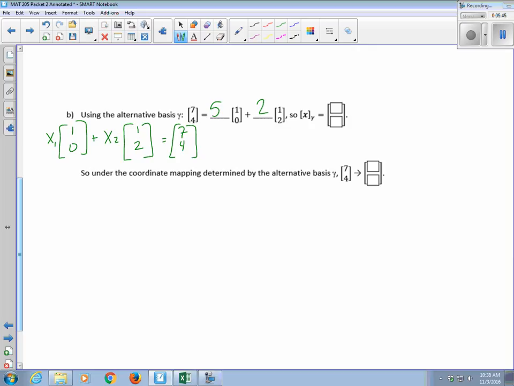All right, so if I'm using my alternative basis, (1, 0) and (1, 2), the vector (7, 4), if I'm going to write the coordinates of x with respect to gamma, it's actually (5, 2). The vector of weights is (5, 2). Those are the weights that you have to put on the basis vectors to create the vector you're looking at, (7, 4). So under the coordinate mapping determined by the alternative basis gamma, (7, 4) becomes (5, 2).